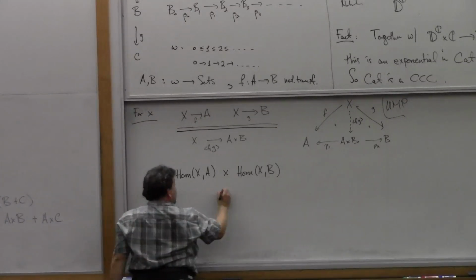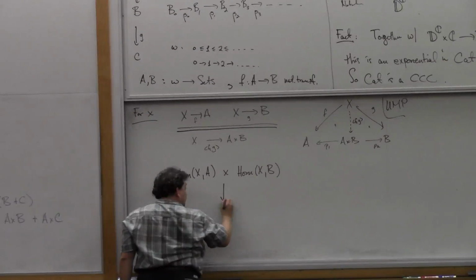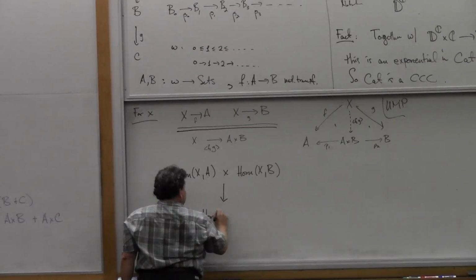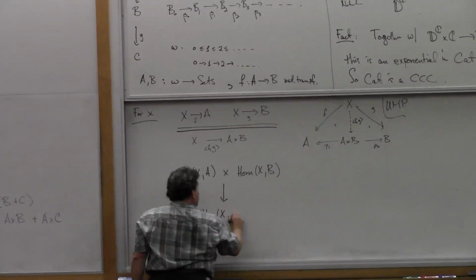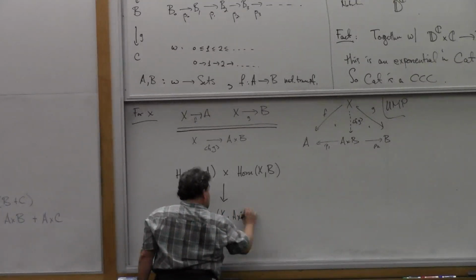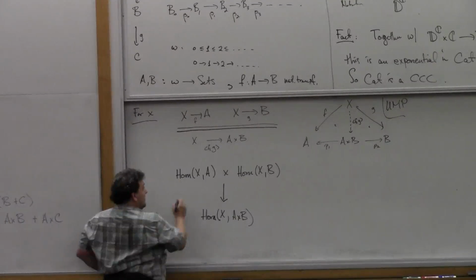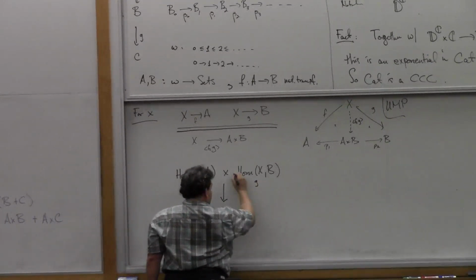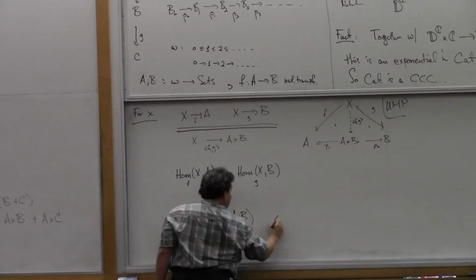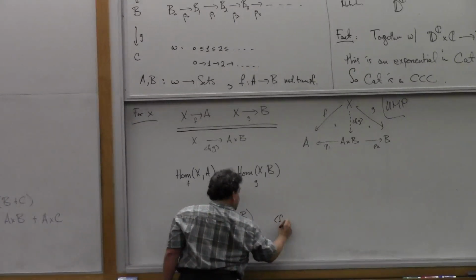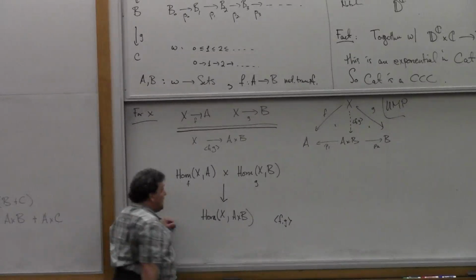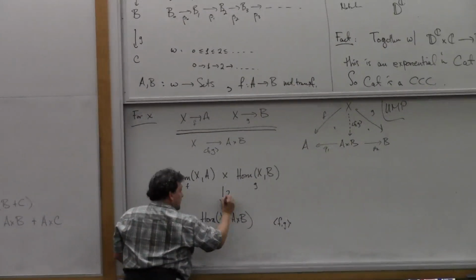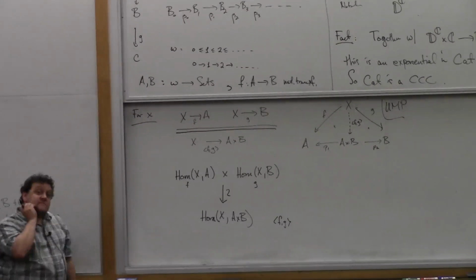And then there's a map going down to below the line and landing in Hom(X, A cross B). And how does the map work? It takes F and it takes G and it pairs them up to give me FG. And now the universal mapping property says exactly that this is a bijection of Hom sets.